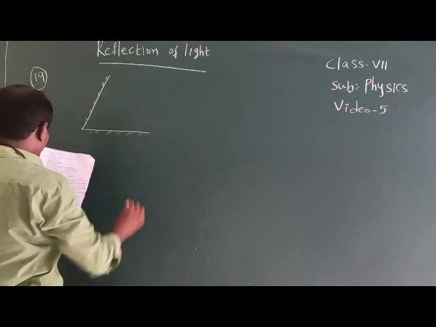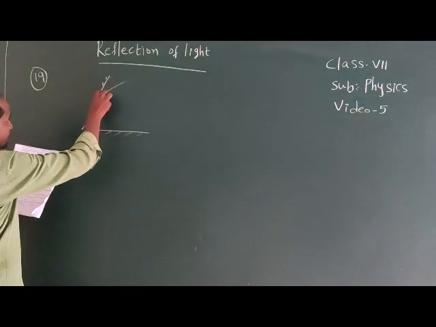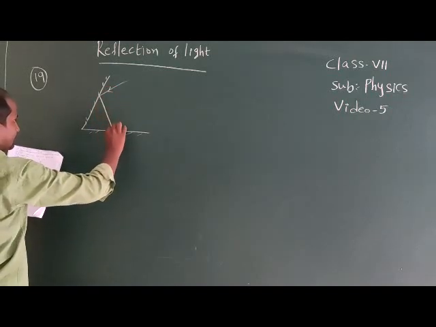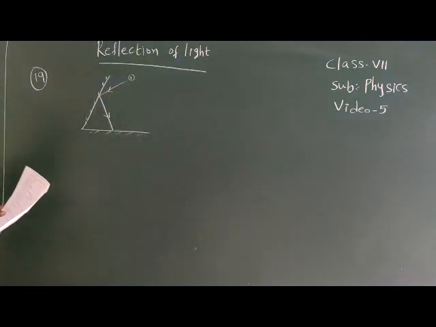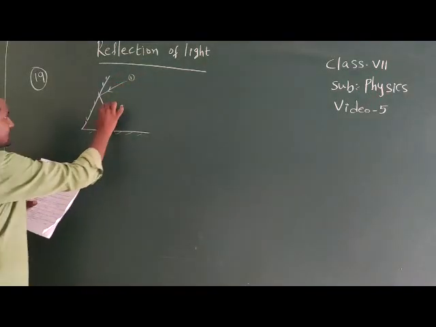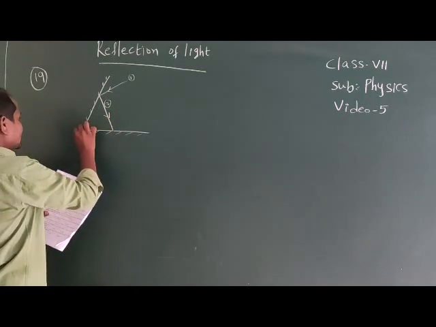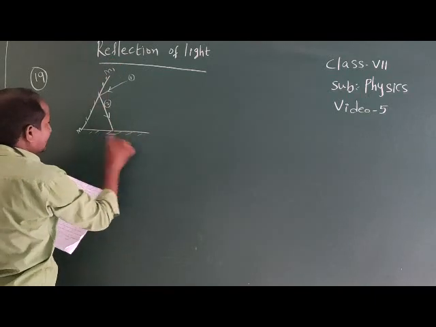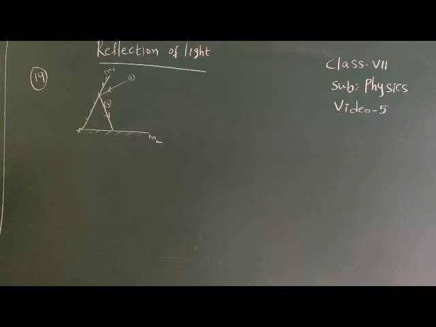The first one is the incident ray, it is the reflected ray, and this is the second ray. These are mirrors M1 and M2.